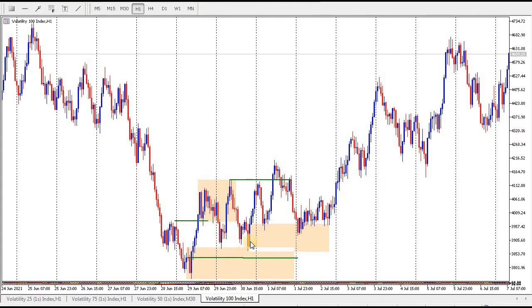And then the price went up and took out the previous high, creating a new high. As you can see, this was our new high. Then price here at the first, they failed to break it, so I was not going to take an order block order here as a buy entry.